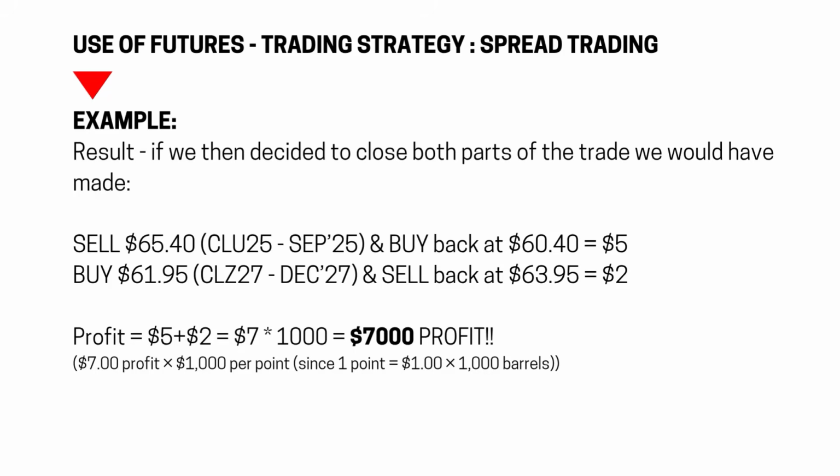And then we use the futures contract details. So $7 profit times $1,000 per point. That's because 1 point is $1 times 1,000 barrels. That gives us a lovely whopping $7,000 profit on that trade.